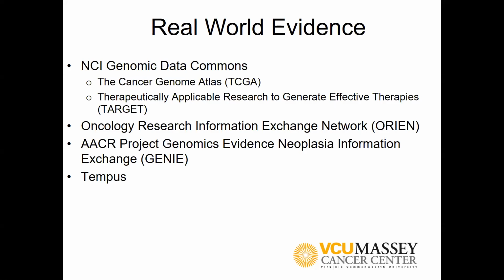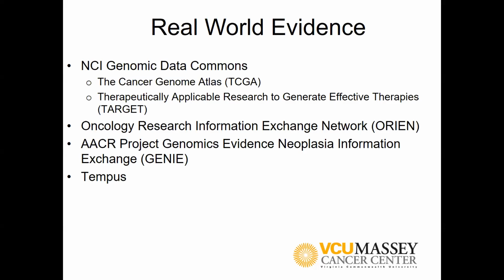So obviously to do that, we need to have access to the data. We need to be able to combine these large data sets and be able to analyze the data. And so what I listed here are the kinds of things that people are trying. The first one is the Genomic Data Commons. I think Amy is going to talk about that later, so I'm not going there.